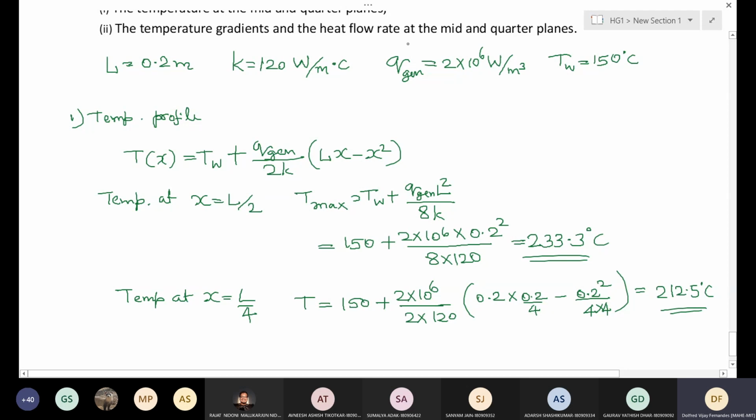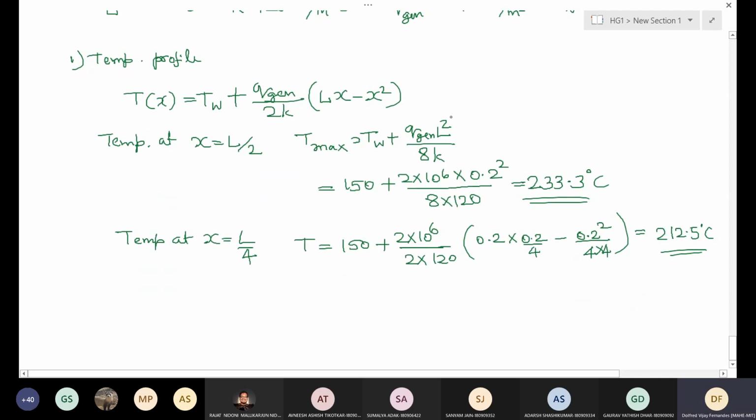Now we can calculate the temperature gradient dT by dx and also the heat transfer rate. dT by dx will be Q generation by 2K into (L minus 2X).